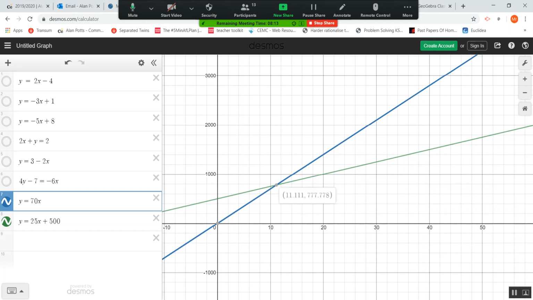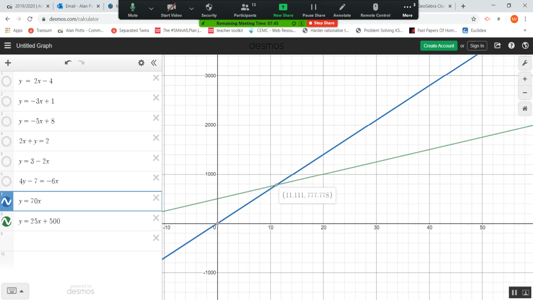So how many hammocks do I need to sell before I can make money? Cameron, how many do I need to sell before I can make money? 12, good. All right, because it's a little bit over 11.